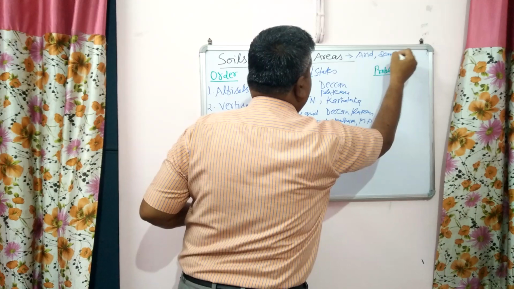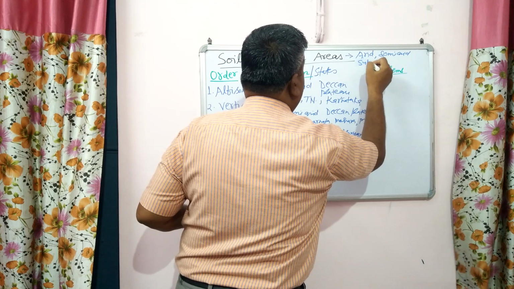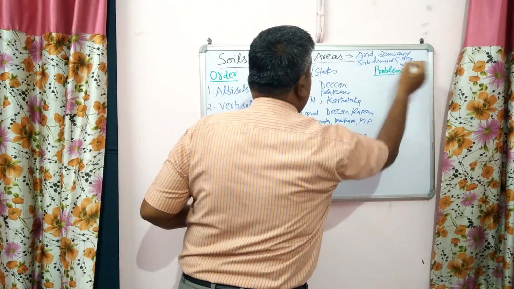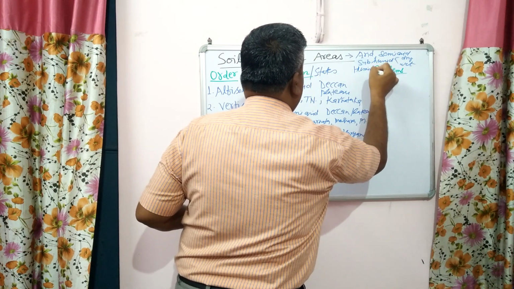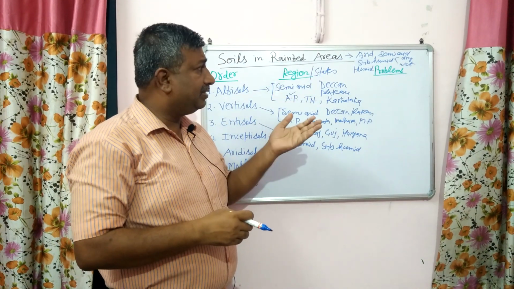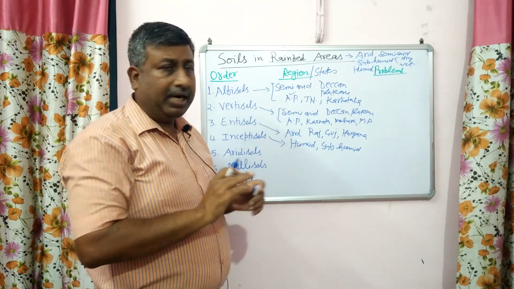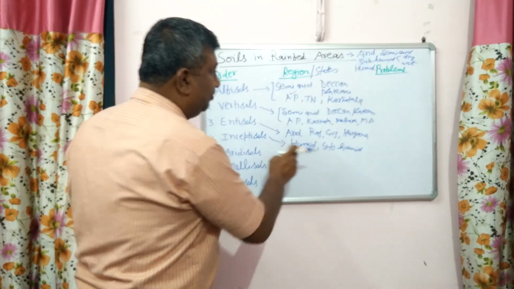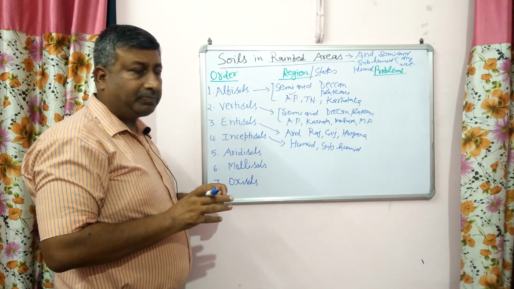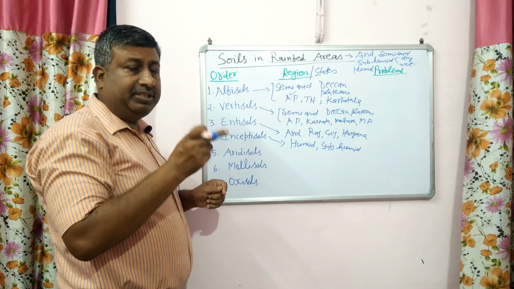In arid areas, very little rainfall; semi-arid, less rainfall; subhumid, medium rainfall; and humid, very high rainfall. So humid, subhumid, arid and semi-arid areas are categorized on the basis of the amount of rainfall, and rainfed area is the characteristic of whether cultivation is dependent on rainfall or not.